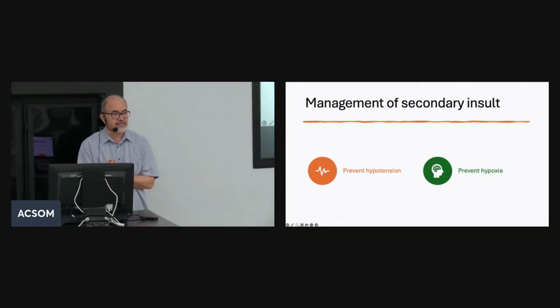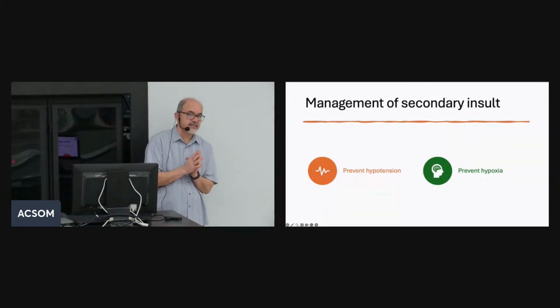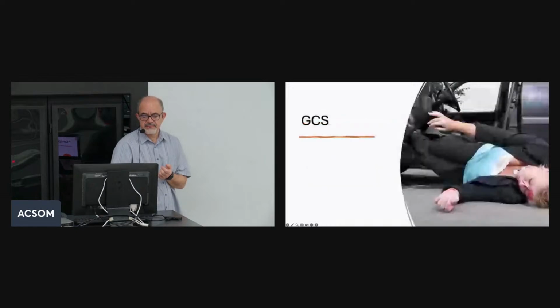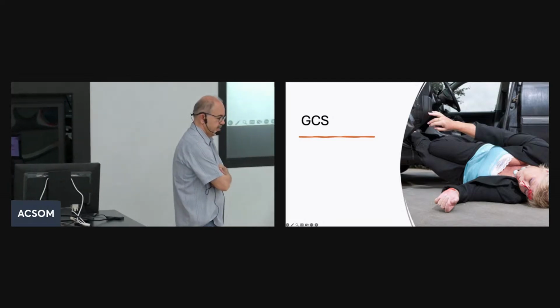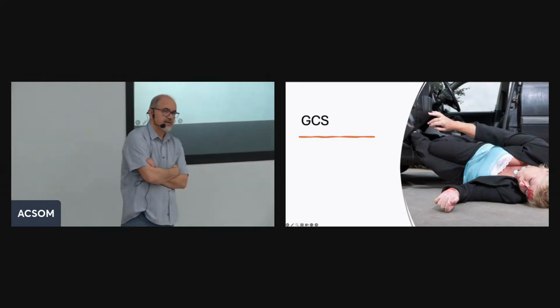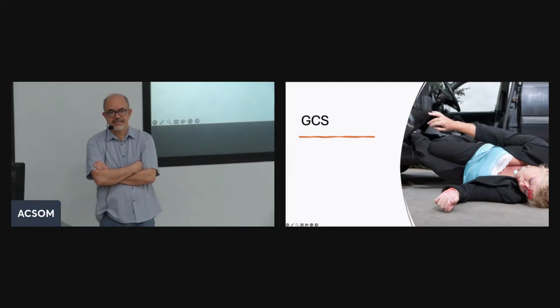And also we have to prevent hypoxia. Brain is extremely sensitive to a lack of oxygen. And we have to make sure that the brain is not deprived of oxygen. One way to measure how severe the brain damage is by measuring Glasgow Coma Scale.